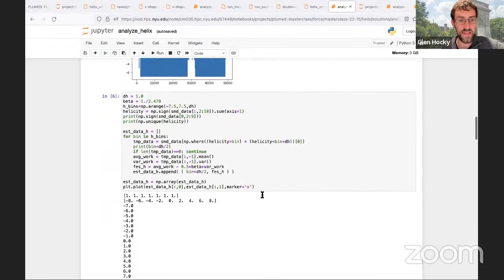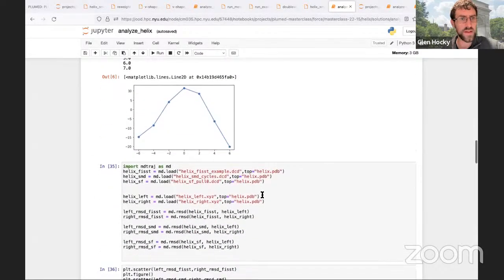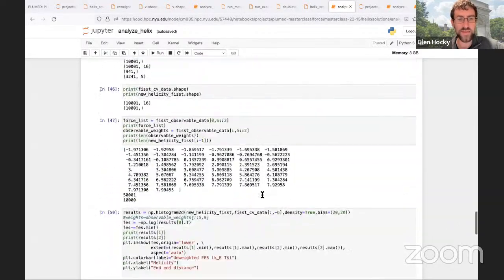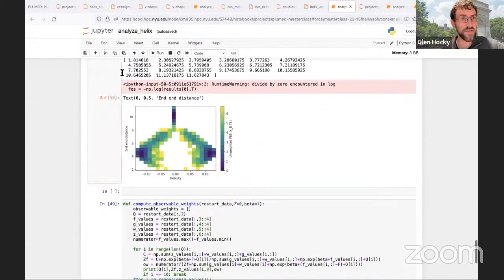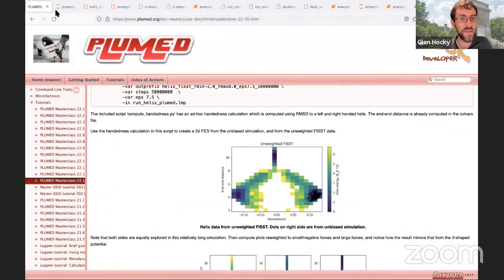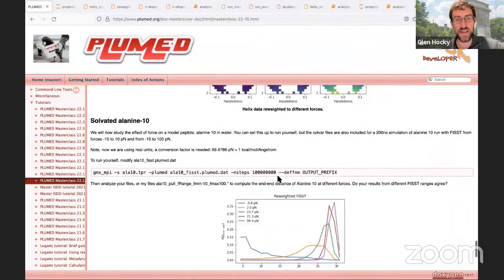Okay, and then I ran FISST on this system and was able to reweight to different lengths. Okay, so I'd be happy to answer more questions about that.